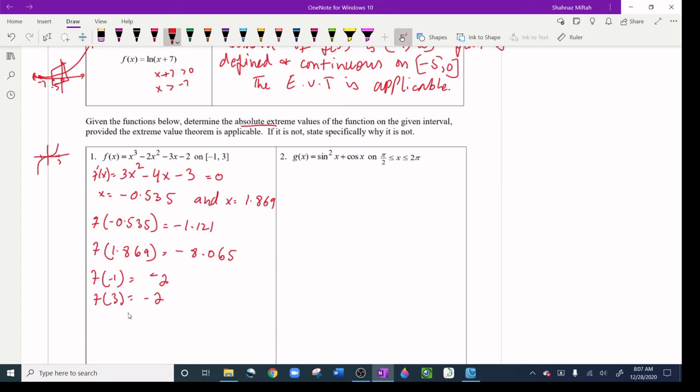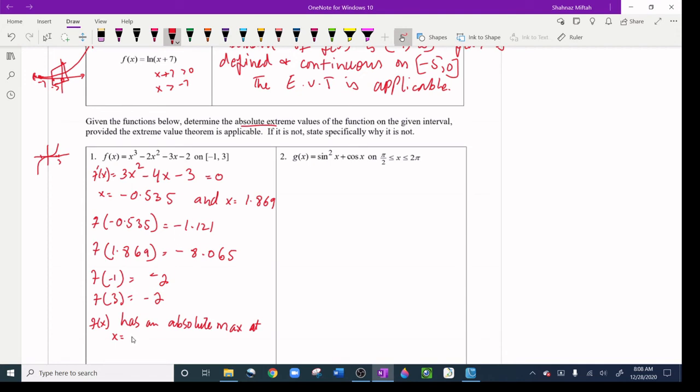So I'm gonna say f of x has an absolute maximum at, what is my absolute minimum? Minimum is negative, absolute maximum, sorry. So this is the smallest one, the smallest one means that's the biggest y value, like it's maximum.